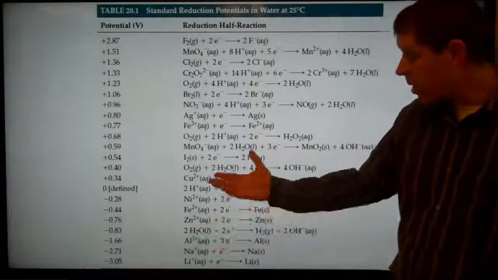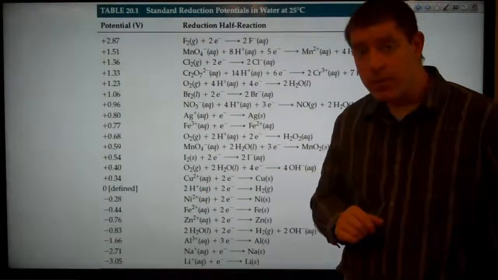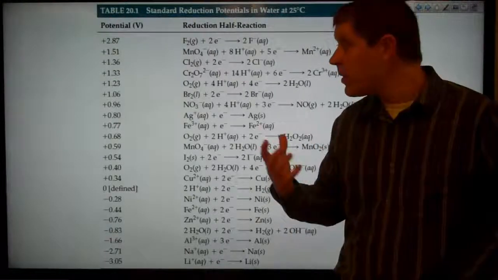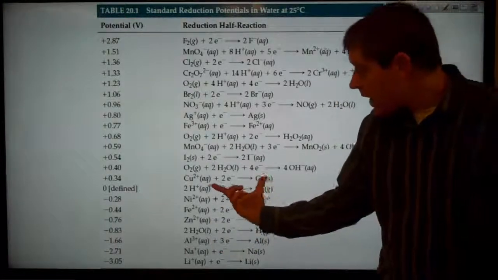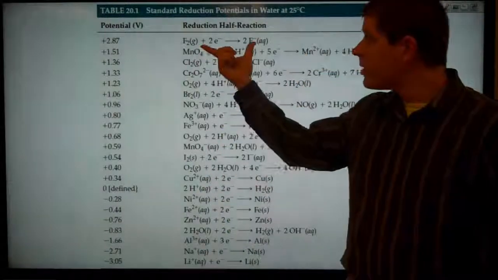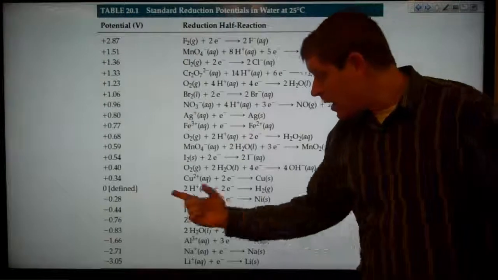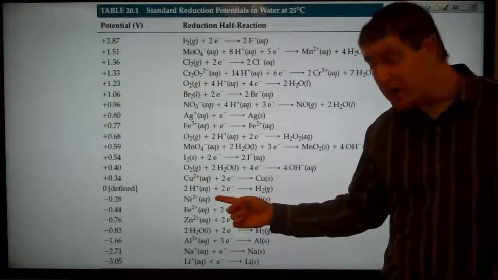So if we pair up something like hydrogen with something like fluorine, we expect that because fluorine is more electronegative, it will be able to steal electrons away from the hydrogen. And that is in fact what we see. Fluorine has a reduction potential of plus 2.87, and hydrogen has a reduction potential of 0, because we've defined it that way.